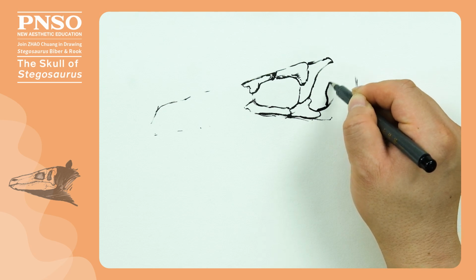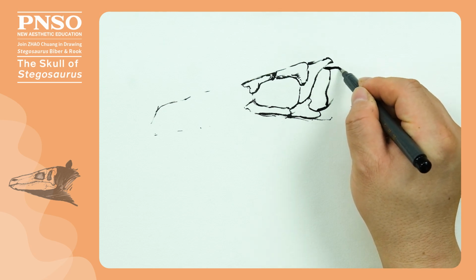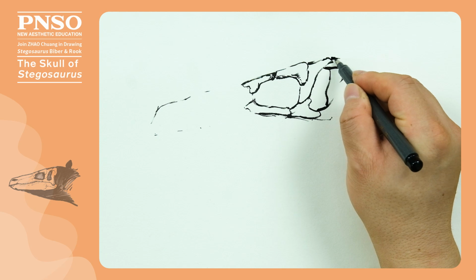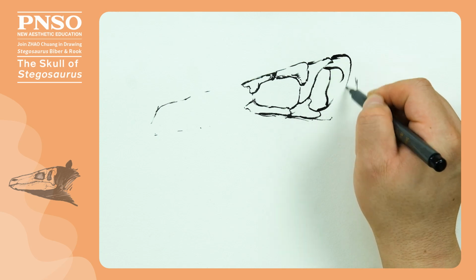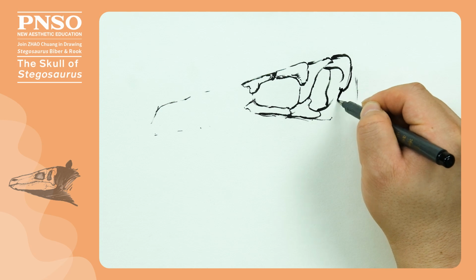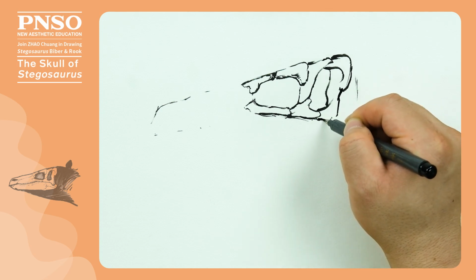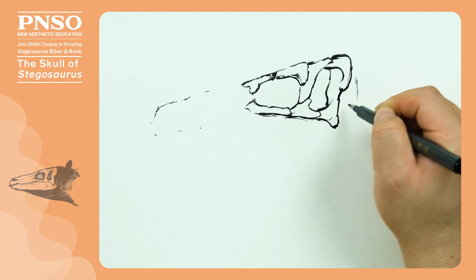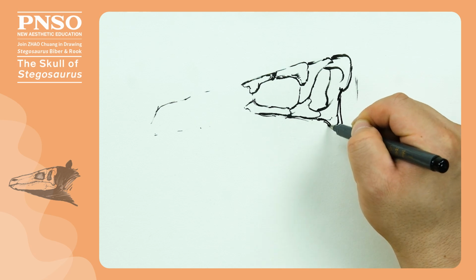Following this structure upward, let's draw the shape of the squamosal bone that formed the back of its head. The bone connected below to the squamosal bone is the quadratojugal, and behind it is the quadrate with an articulation.